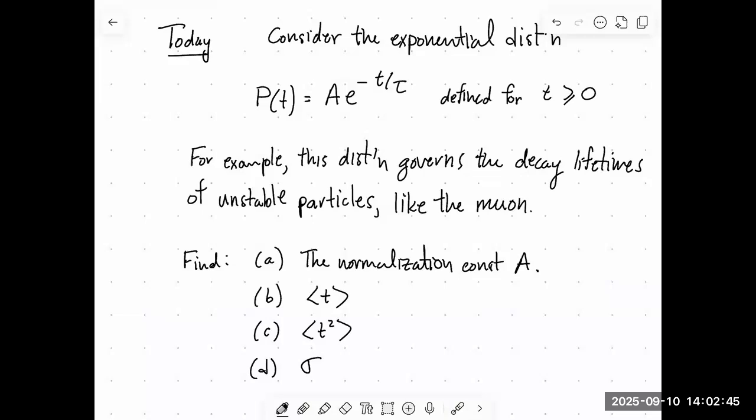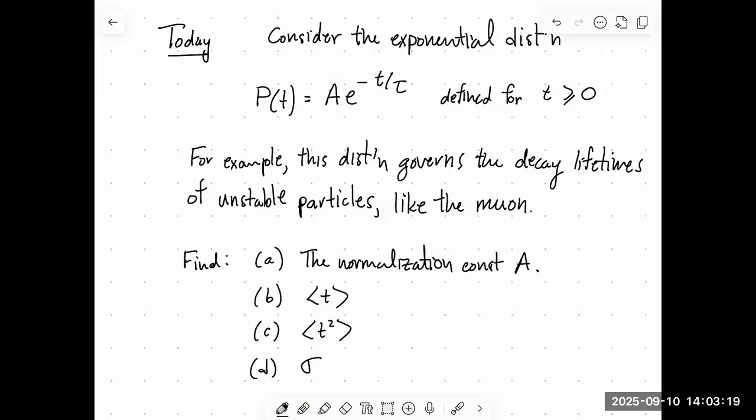If you have a sample of unstable particles that are decaying at some rate, then the size of the population is governed by this kind of probability density. In the third year lab, we have one experiment where we detect muons and we measure their lifetime. When you collect the data, the distribution of lifetimes that you measure follows this kind of exponential distribution. And so I want to work out some of its properties.